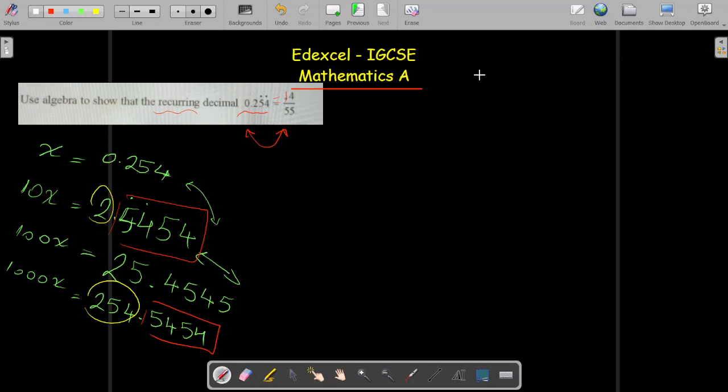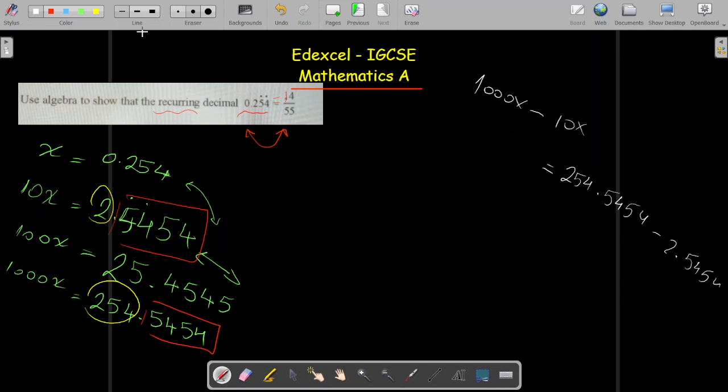So if I say that 1000x minus 10x, it's going to result in 254.5454 minus 2.5454.